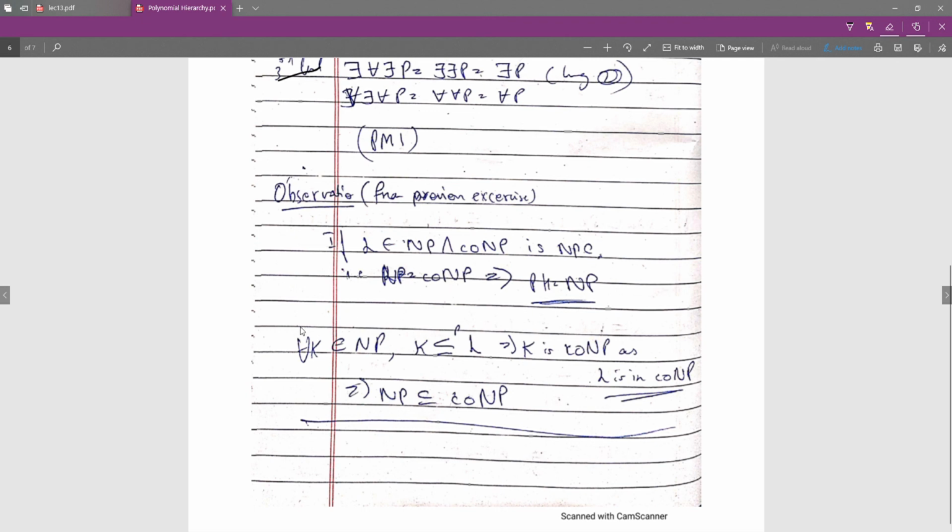The way we show this is we take an arbitrary k which belongs to NP and show a reduction from k to L. As you know L is in co-NP, so k is also in co-NP. So NP becomes a subset of co-NP. The same follows for co-NP also, proving that co-NP is a subset of NP.